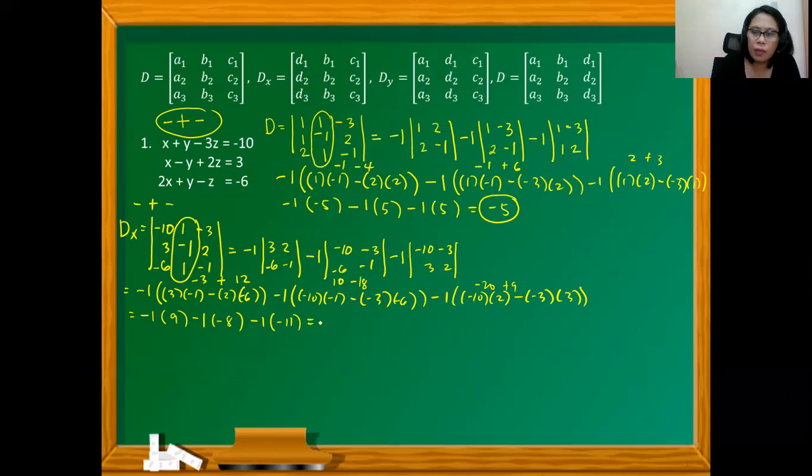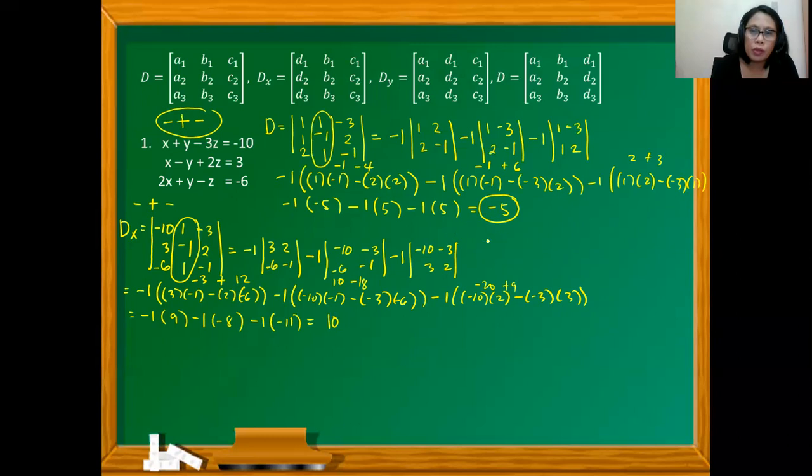So our d sub x here is equal to, again, negative 1 times 9 minus 1 times negative 8 minus 1 times negative 11. So we have d sub x equals 10.